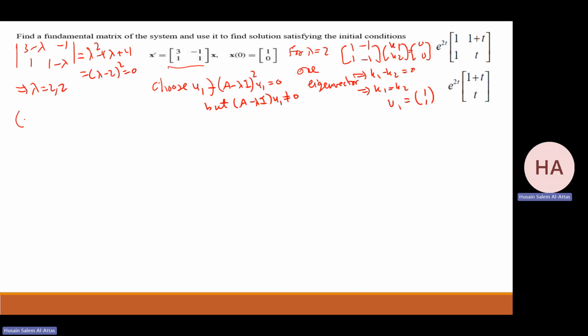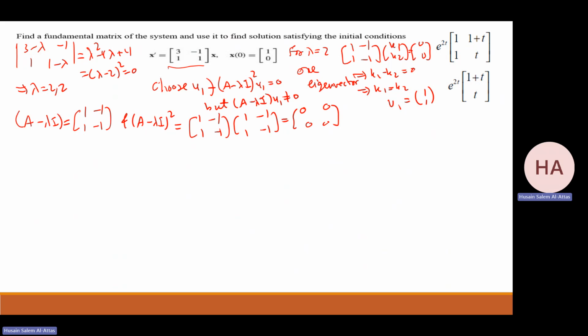Let me find what is A minus lambda I. I think we did that somewhere. That will be 1, minus 1, 1, minus 1. What will be A minus lambda I square? Use Cayley-Hamilton, this is 0, but let me find it so we don't rely on the Cayley-Hamilton theorem. That will be 0, 0, 0, 0.